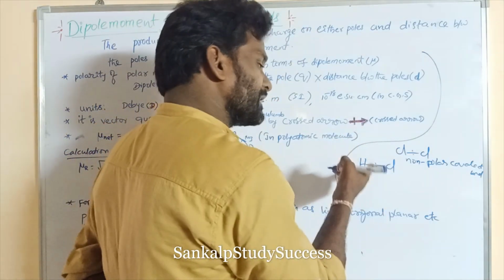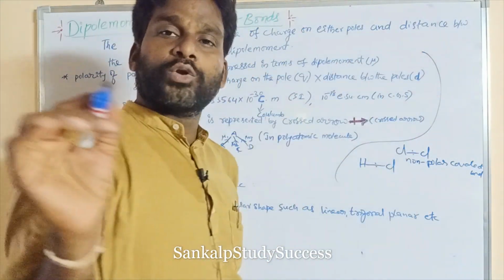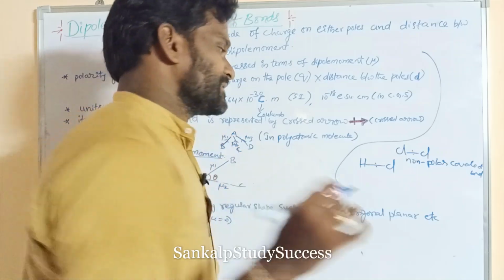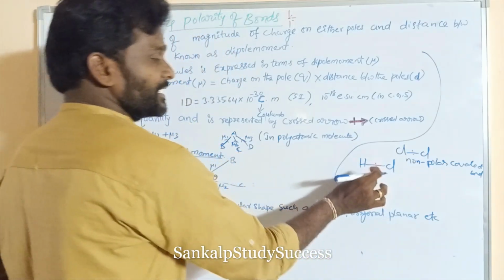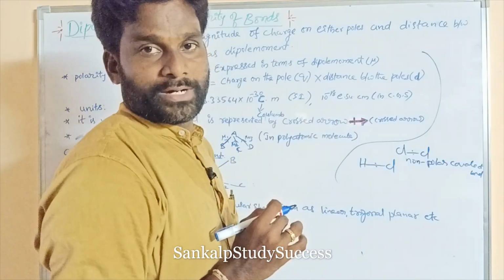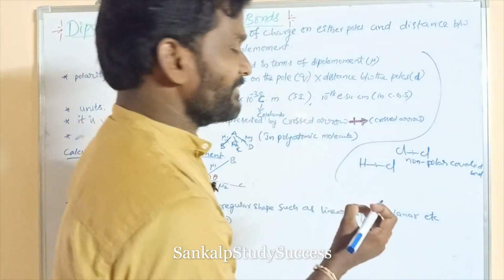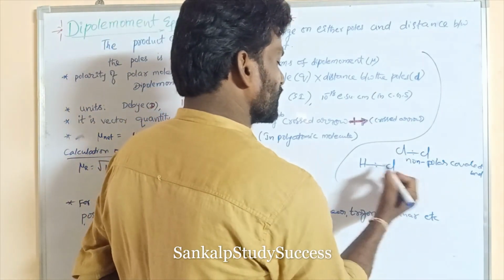The shared electron pair is displaced towards the more electronegative atom. The shared electron pair is shifted towards the more electronegative atom. So that means the molecule has a partial negative charge.